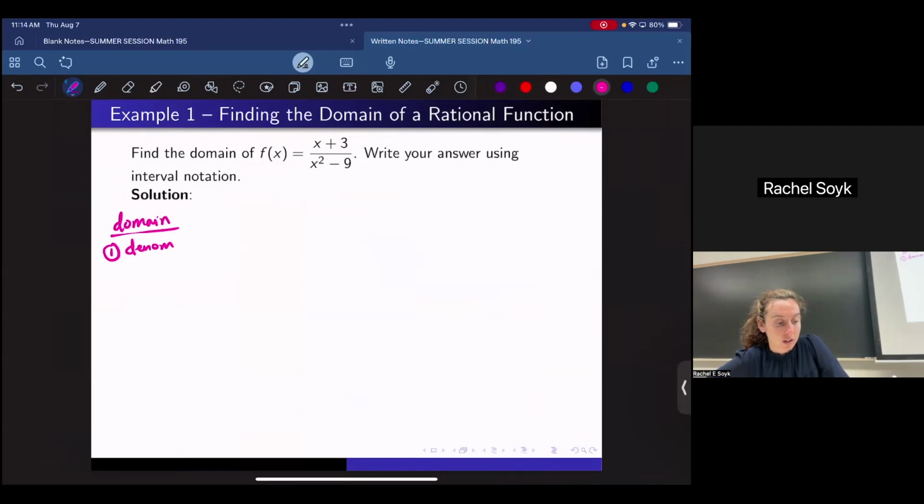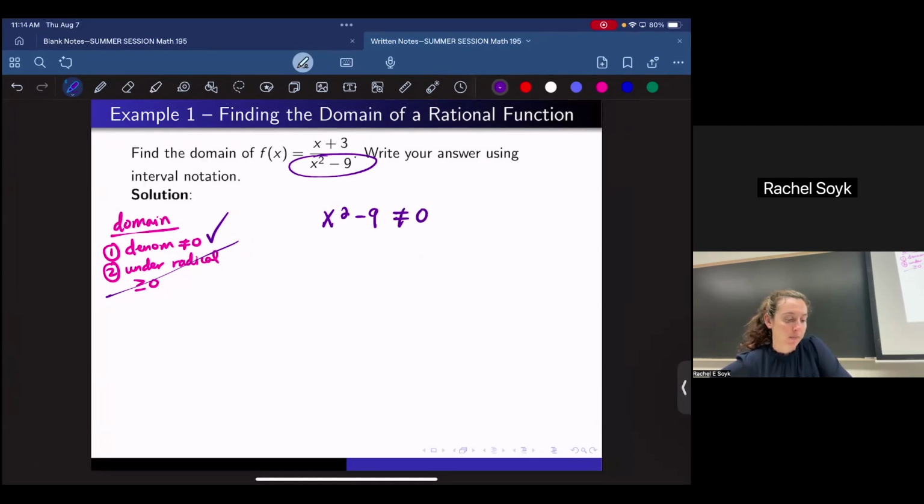Denominator not equal to 0 and under a radical is greater than or equal to 0. Lucky for us here, you don't see any radicals, so we don't have to worry about that second condition. But that first one, we do need to worry about because we have a fraction. And so x squared minus 9 cannot be equal to 0.